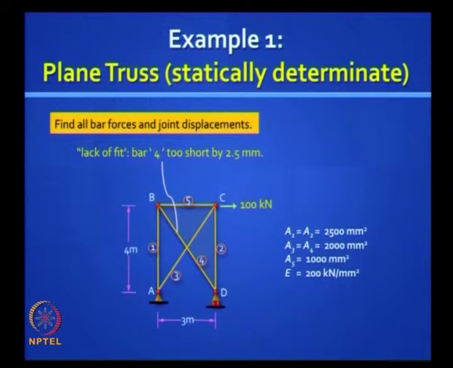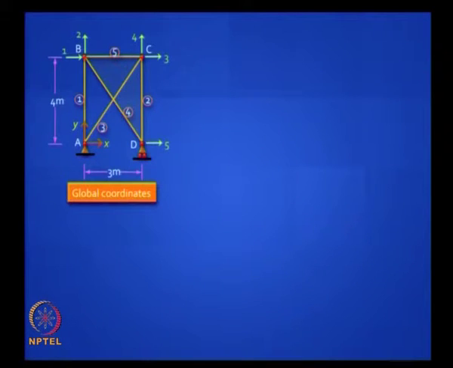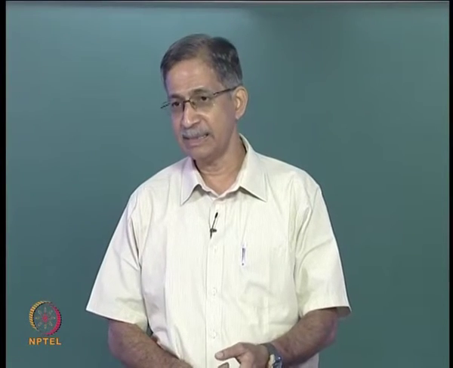So let us demonstrate how to apply the matrix method using the flexibility formulation for a very simple problem of this kind. How do we do this? Well, first you have to define the coordinates. Now we can identify 5 active coordinates. We have done this earlier if you recall for the same example.